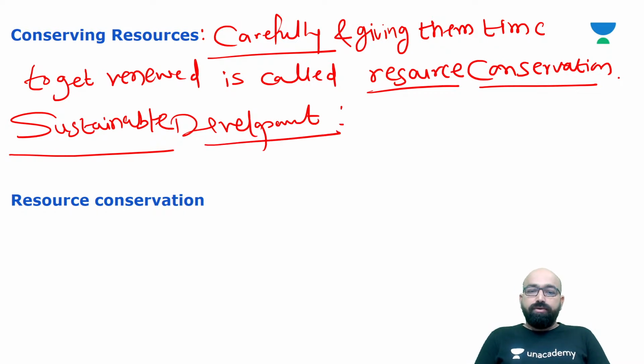So balancing the need to use resources and also conserve them for future is known as sustainable development.